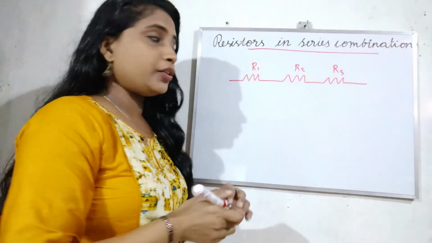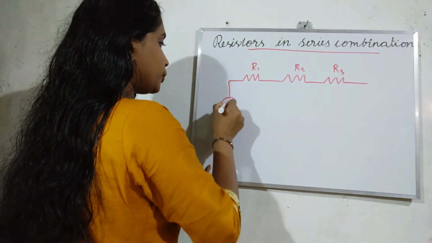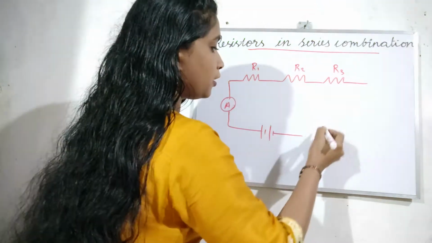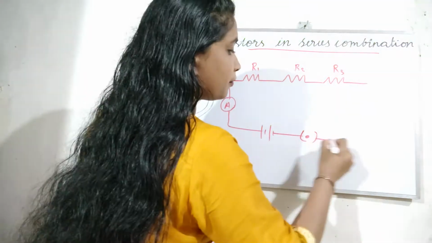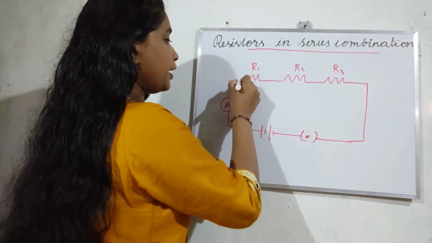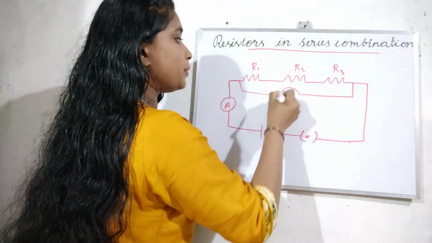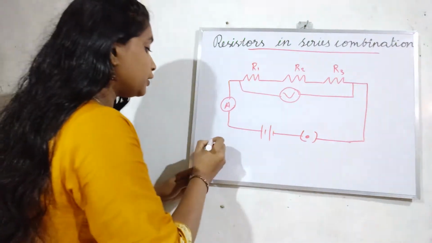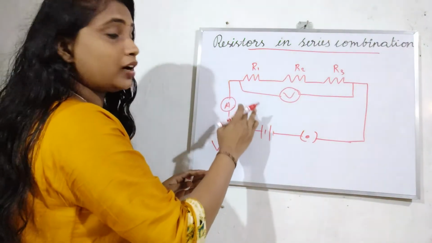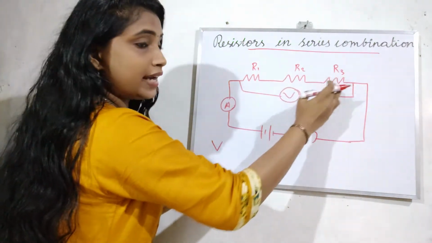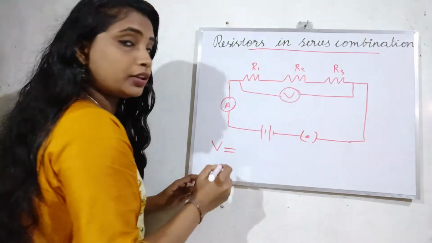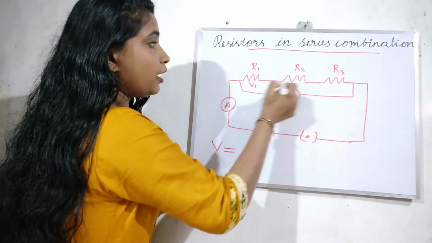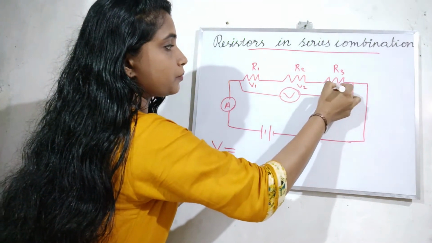Now we can complete the circuit using an ammeter to read the current in the circuit, a cell to drive the circuit, a key, and a voltmeter across these three resistors to measure the voltage across them. Now, if V is the total voltage across the resistors R1, R2 and R3, then the total voltage or the potential difference V will be equal to the sum of the voltages across each resistor.